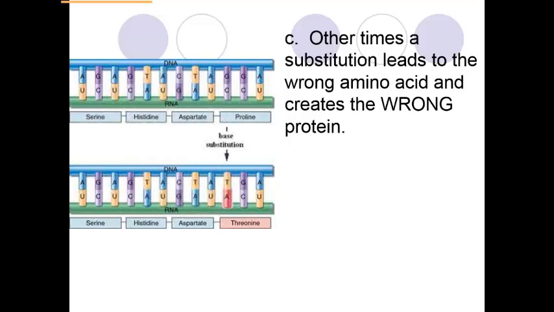And if we take a look at this example right here, instead of us having a G here, we have a T. And so once we have a mistake in our DNA, it kind of domino effects to the rest of the process. So when DNA goes through transcription and we get our messenger RNA, this G should have been a C here.